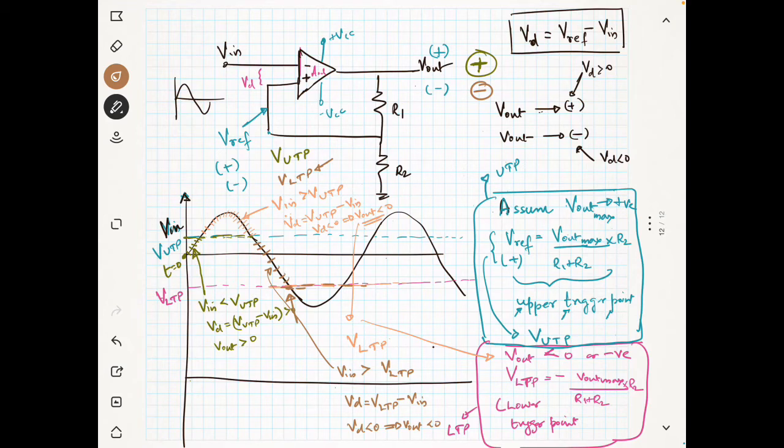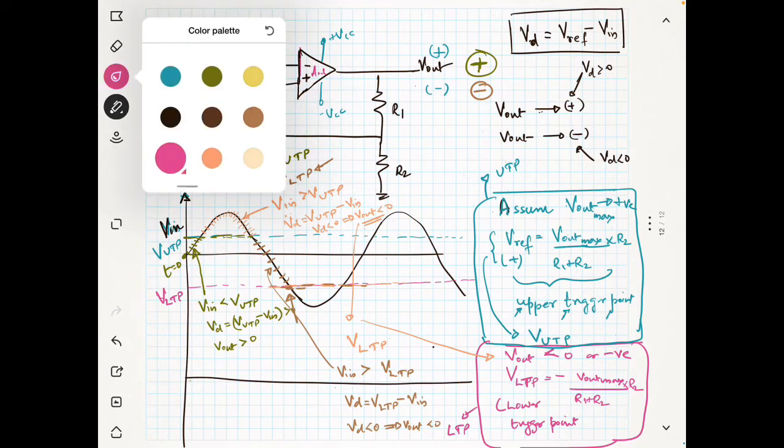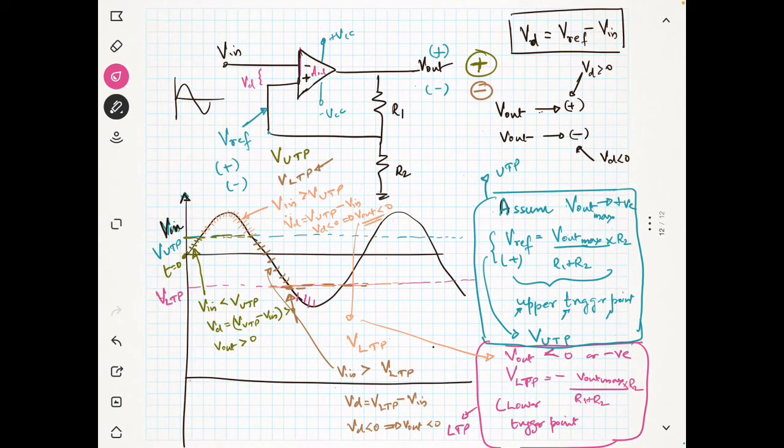Now we will see another point. Let's say this area. At this area it is different. Vin is less than VLTP. So what is happening? If Vin is less than VLTP, then output will change, right?